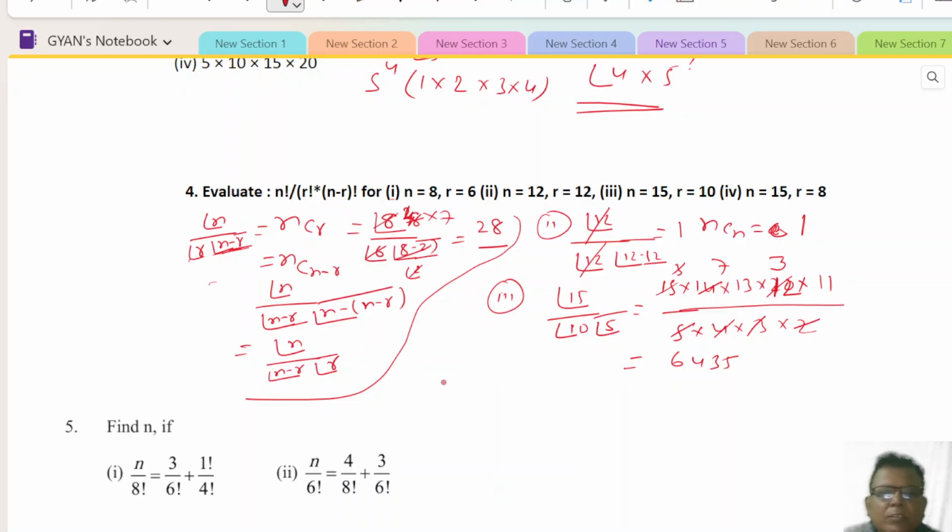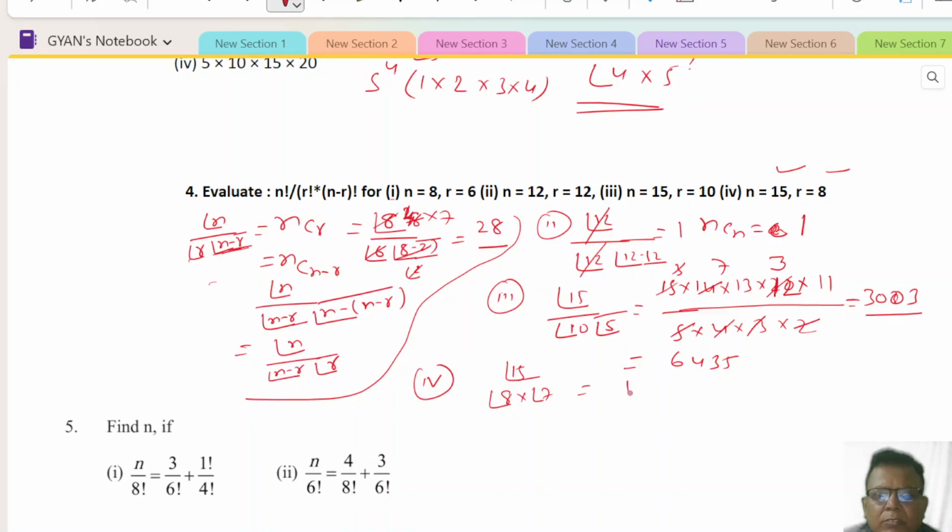Now come to the 4. That is this one. So factorial 15 divided by factorial 8 into factorial 7.